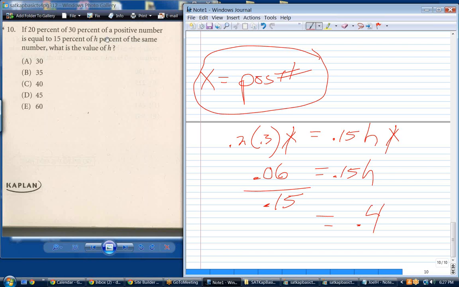Now, we could have made up a positive number and solved it, back solving. That's the way to back solve it, would be to pick numbers and back solve. But the moment you define this positive number with a variable x, it actually becomes quite easy to solve it algebraically.